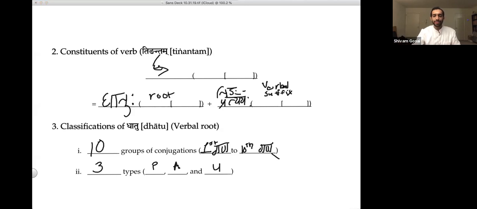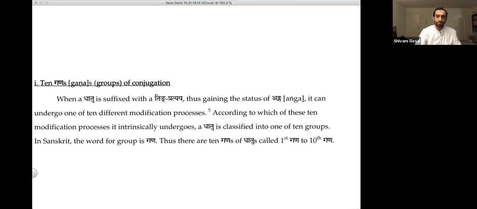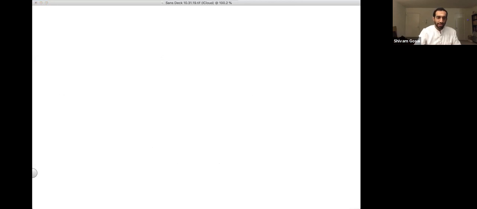So the first thing we need to understand is these 10 groups of conjugation. What do I mean by that? This is a lot of language, so I'm going to close this down and make it more simple.